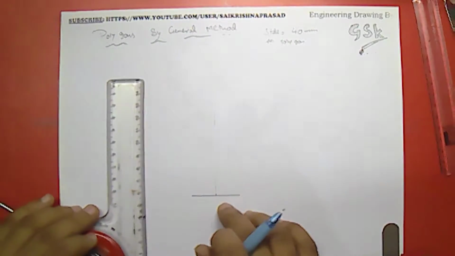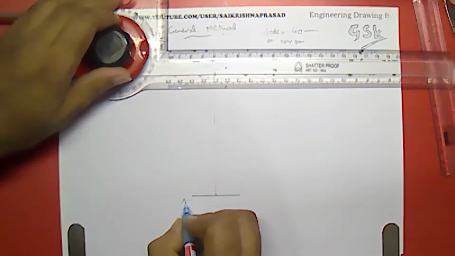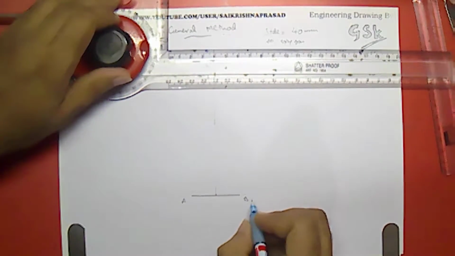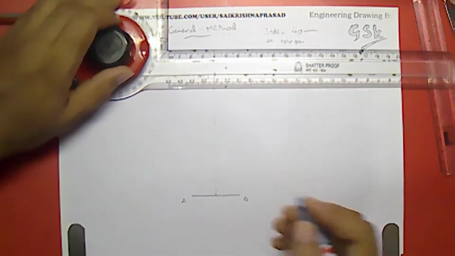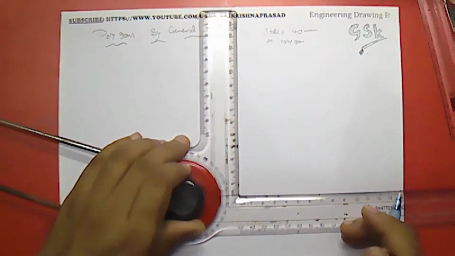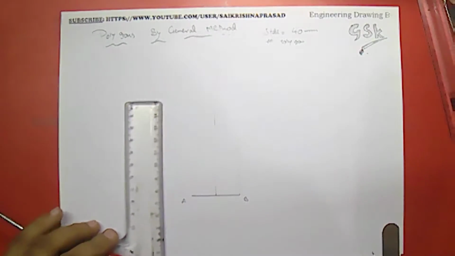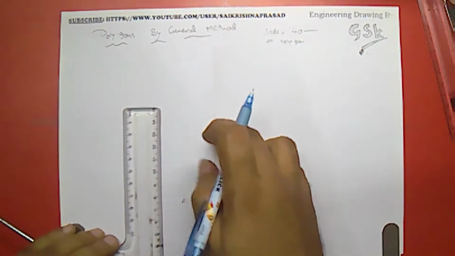This is perpendicular to this and it is bisecting this line AB. For this I have to draw a 40 mm perpendicular. This is the perpendicular bisector and this is a perpendicular.